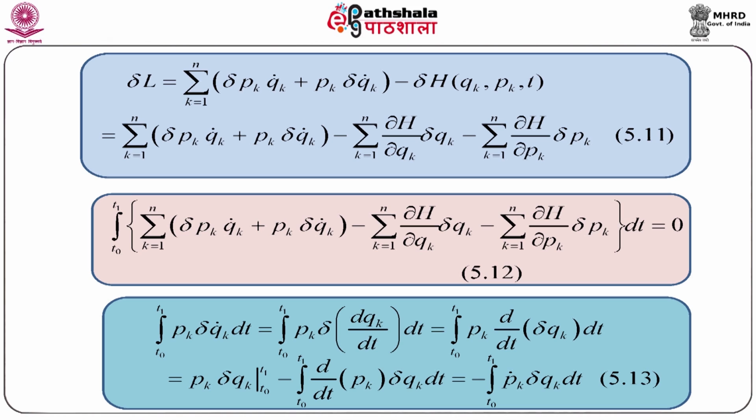Using integration by parts, we get pk delta qk at t0 to t1 minus integration t0 to t1 of d/dt of pk times delta qk dt, which equals minus integration t0 to t1 of pk dot delta qk dt.